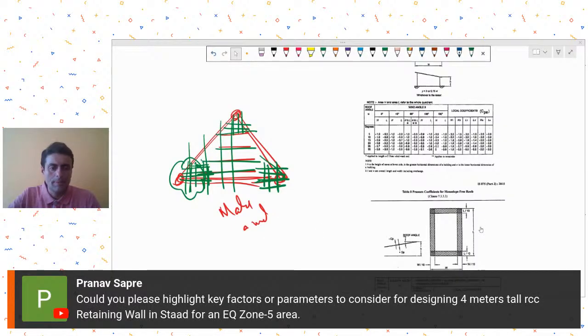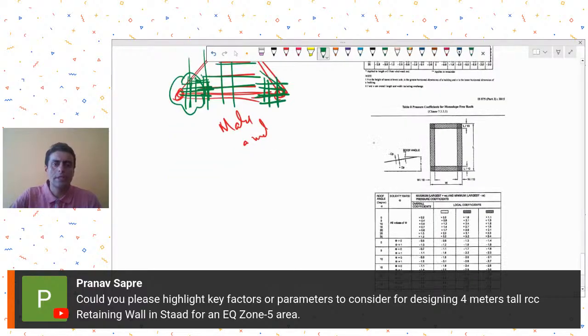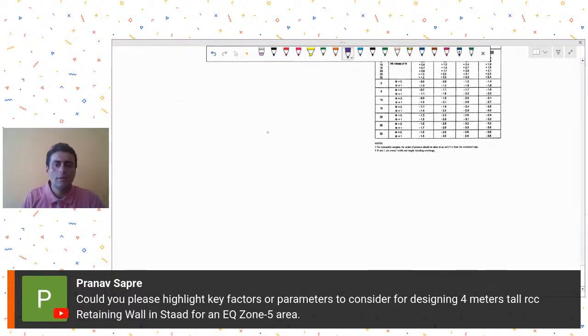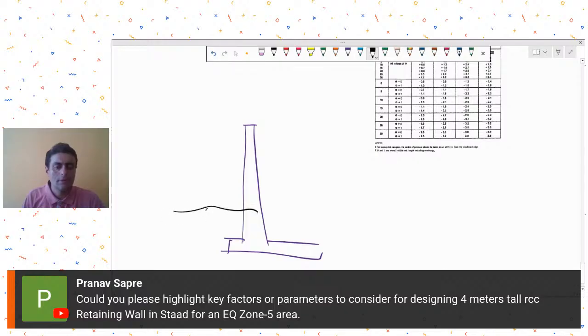Engineer Pranav Sapra is asking, could you please highlight key factors or parameters to consider for designing a 4 meters tall RCC retaining wall in STAAD for a seismic zone 5? So key parameters would be, if you want to design a retaining wall and it's 4 meters, I'm just assuming this type of a shape. This is your ground level and this is the fill level, and this height is 4 meters above.